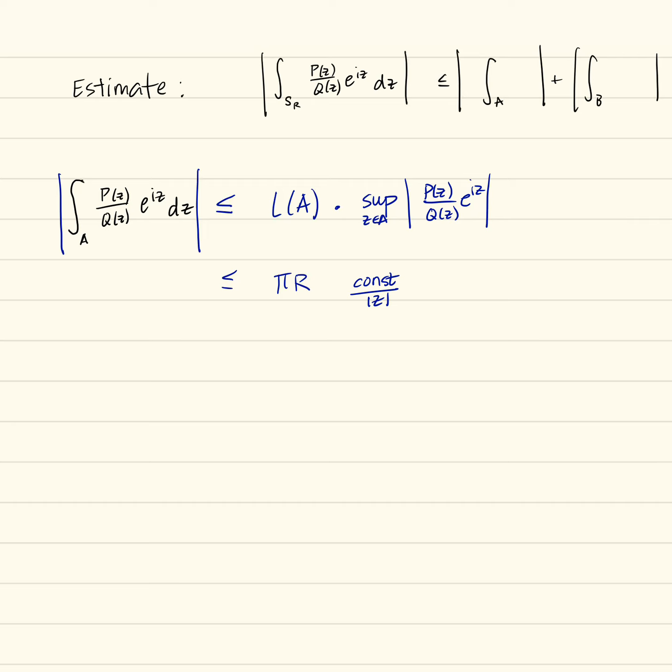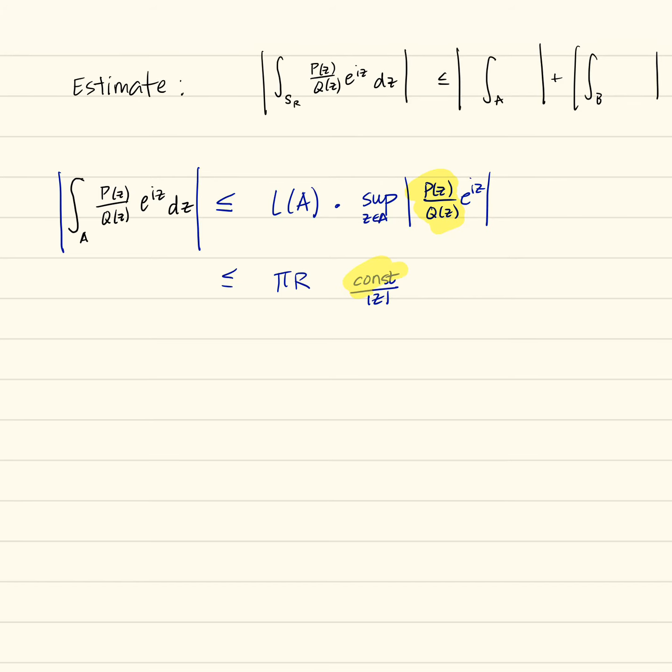So what we're doing is we are taking this P(z)/Q(z) and estimating it as some constant over the modulus of z. This is the big idea, right? Now, the sup of this is going to be times the sup of the modulus of e^(iz), for z in A.